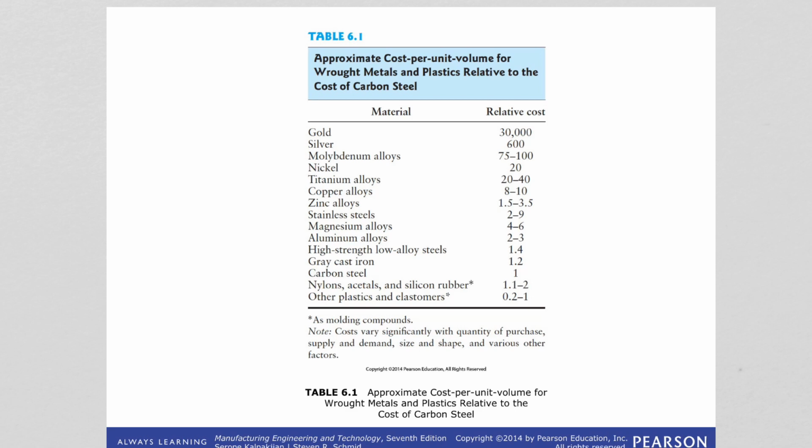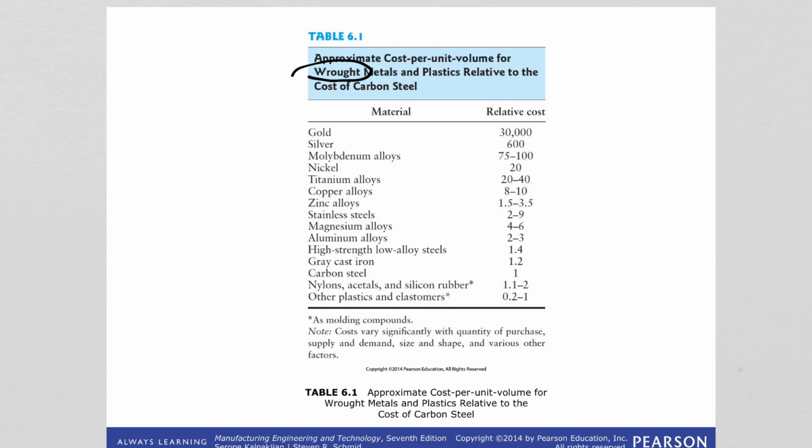So in this table we see the approximate cost per unit volume for wrought metals and plastics relative to the cost of carbon steel. Wrought means processed, basically worked on. It's not cast, but it's worked on, like after rolling, extrusion, etc. So if we see the cost, we are seeing how gold is expensive, then comes silver.